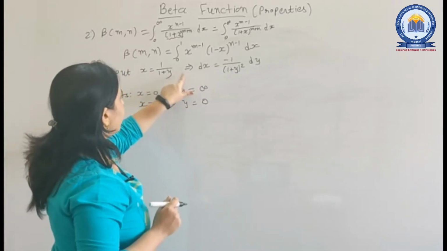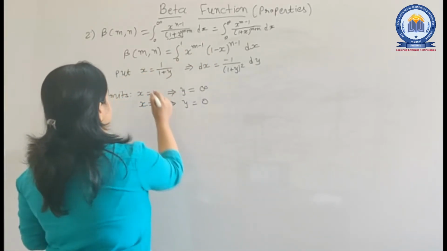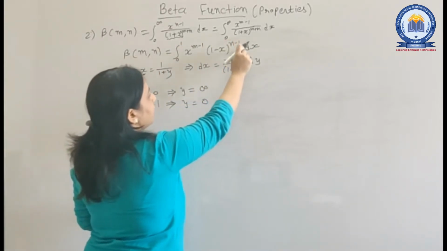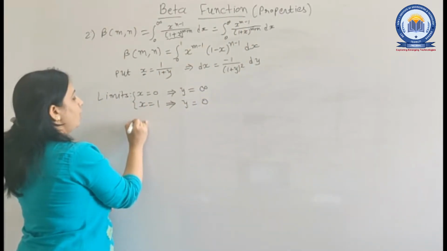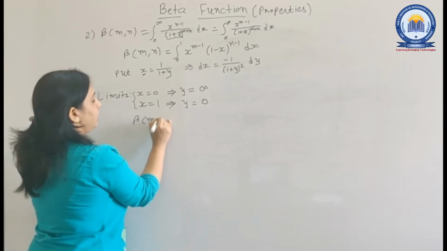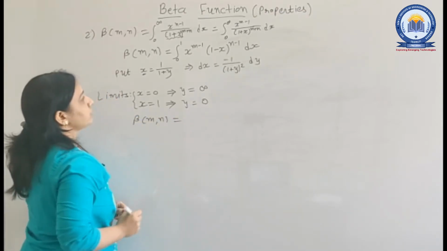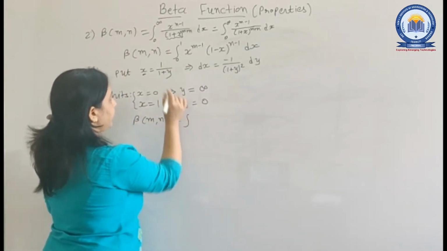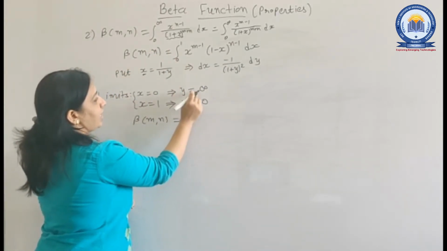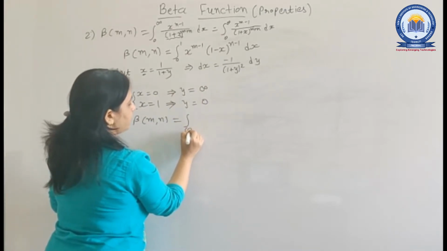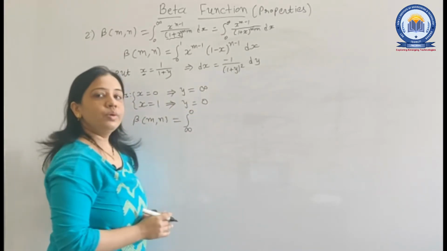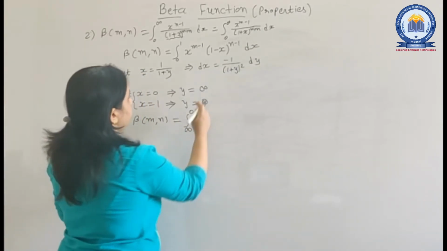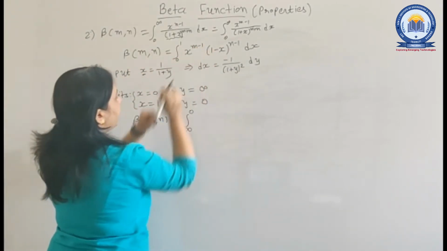So again we'll start with the basic equation. We'll put the value of x and the limit into our basic equation. So beta(m,n) equal to, 0 to 1. When x equal to 0, y equal to infinity, so obviously it is infinity to 0. The next thing is x raised to m minus 1.